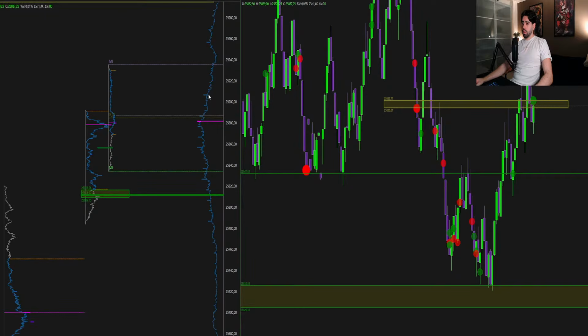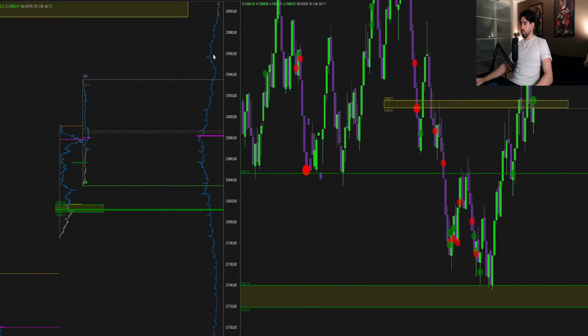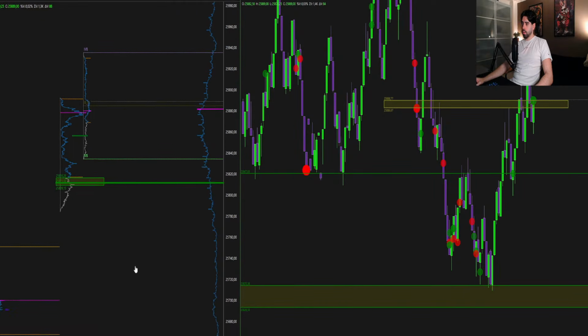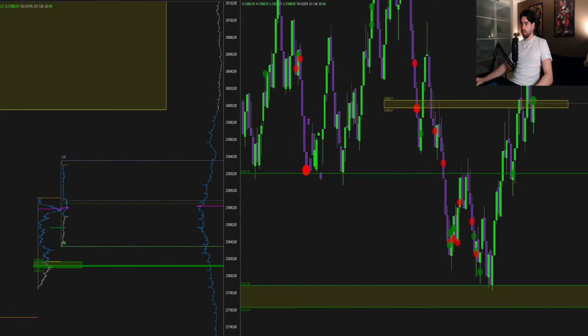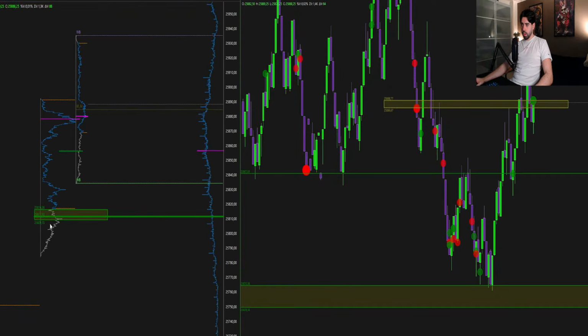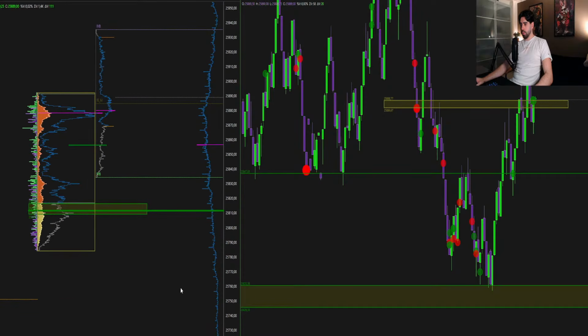I also keep an eye on the composite profile because that's the long-term volume profile of about 3 months of data, but yeah, screw that. If I know that I'm bullish, I mark out the value area low of the previous session. To get a more specific zone, I use the fixed volume profile.